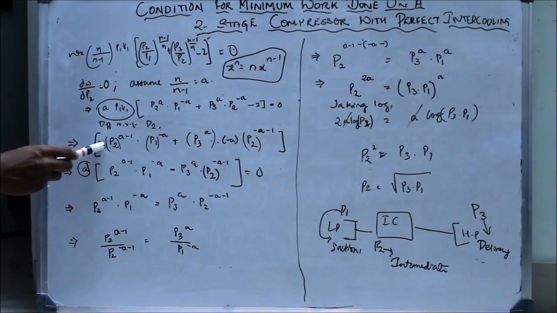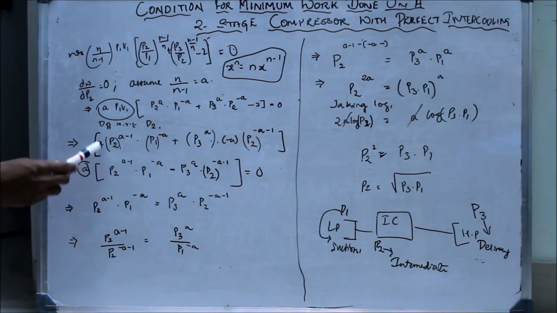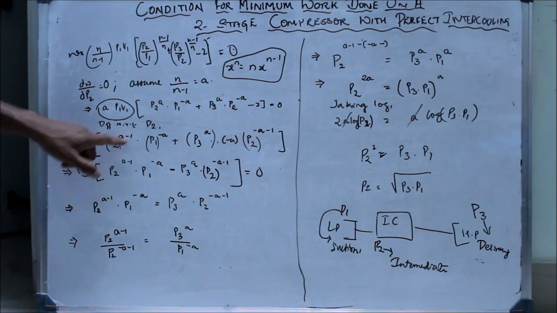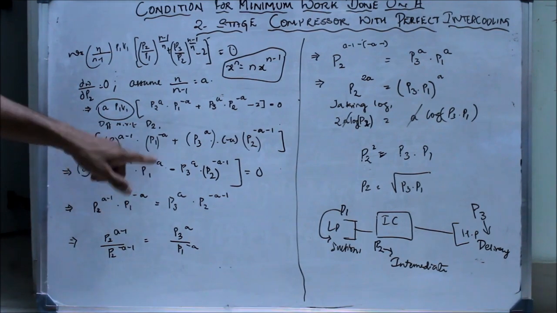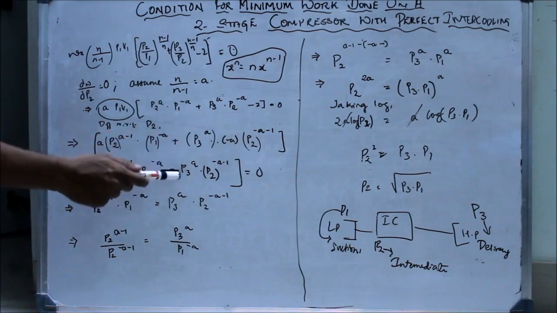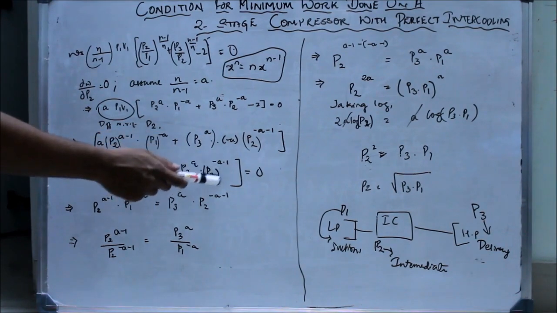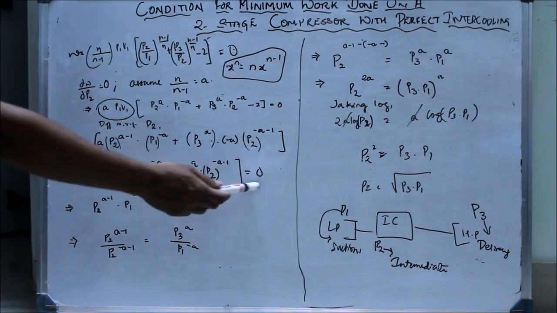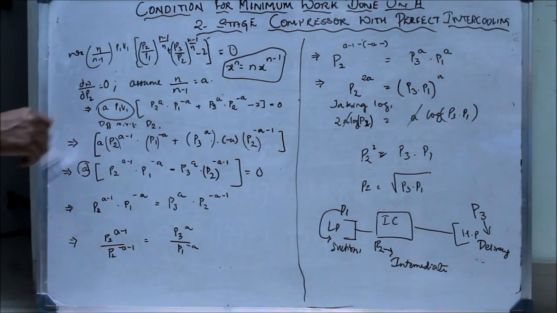Now from this we remove A as a common factor, since A is common in both terms. So we get P2 to the power A minus 1 into P1 to the power minus A, and the negative sign comes here, so minus P3 to the power A into P2 to the power minus A minus 1 equals 0. This A gets divided and cancelled.